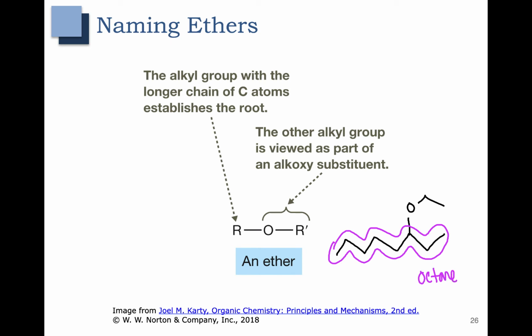At position 3 here, we have our substituent. Because there are 2 carbons attached to the oxygen, this becomes an ethoxy group. We number from the right to give the ethoxy group the lowest possible number, so we get 1, 2, 3-ethoxy.